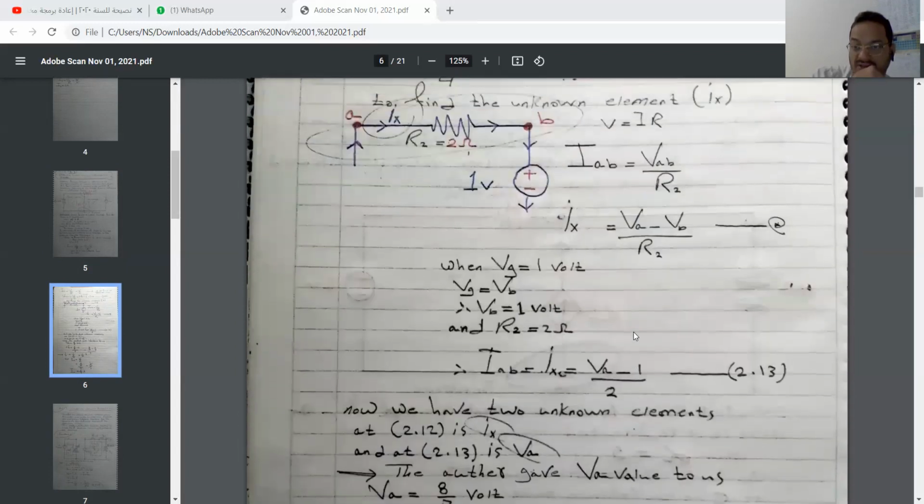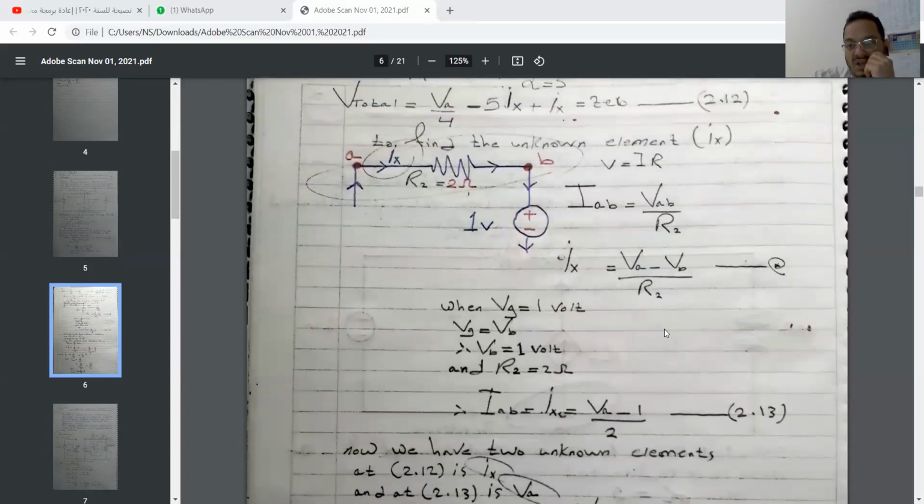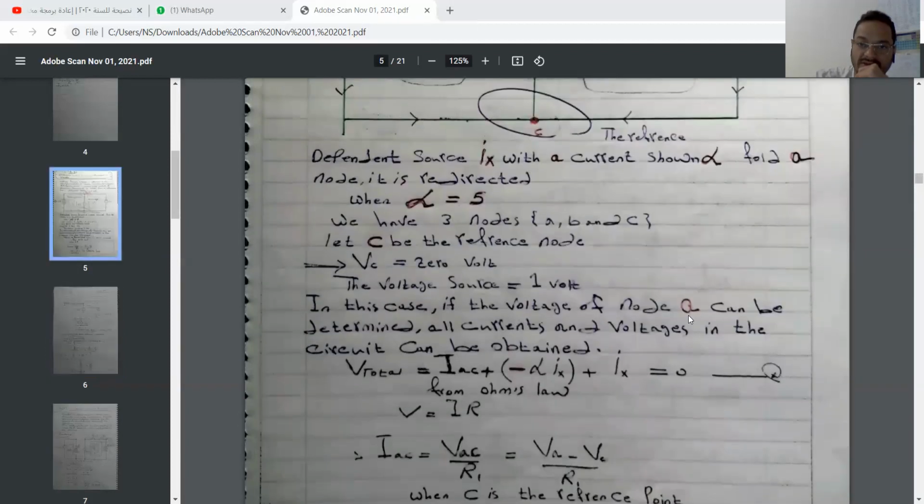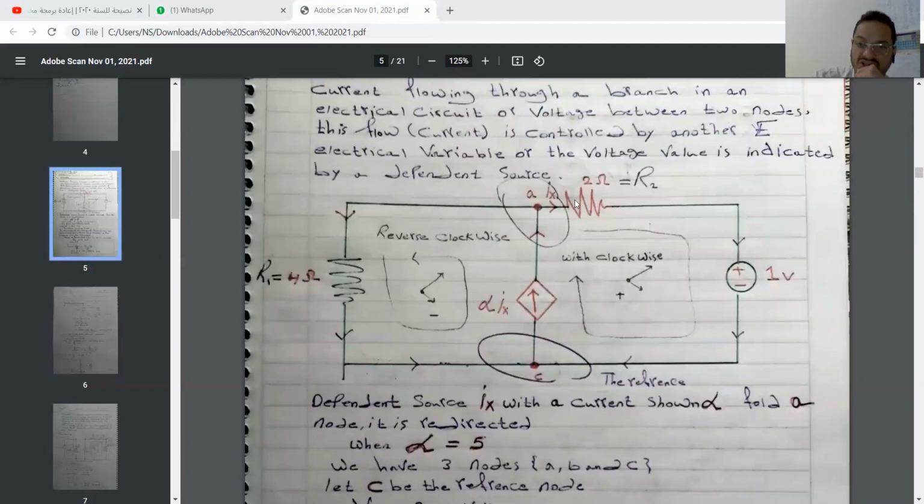By the same meaning, the same trick, the same way, by use Ohm law, we can calculate the drop voltage here and the drop voltage here, because the volt drop equal current dot resistance.